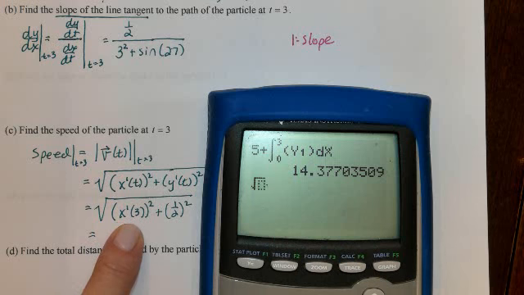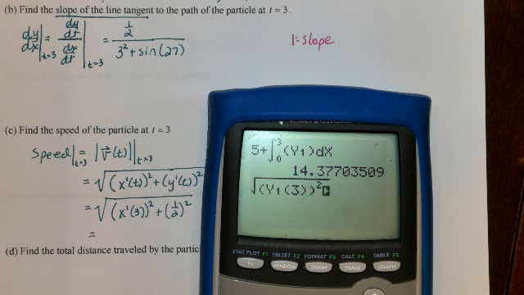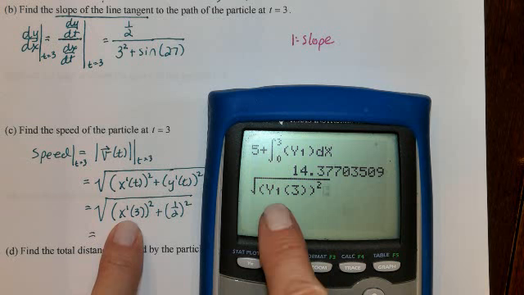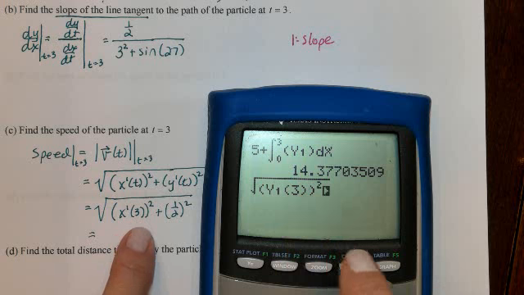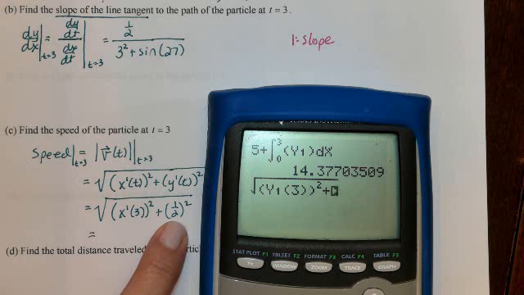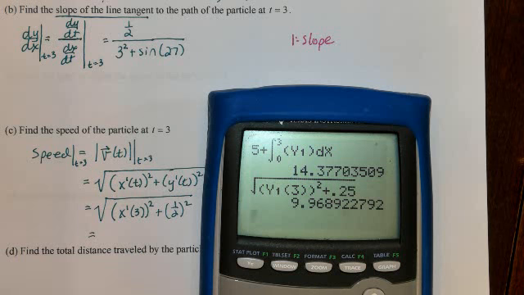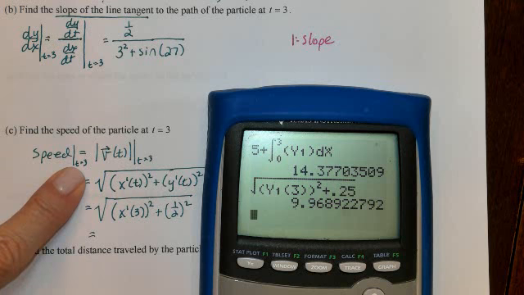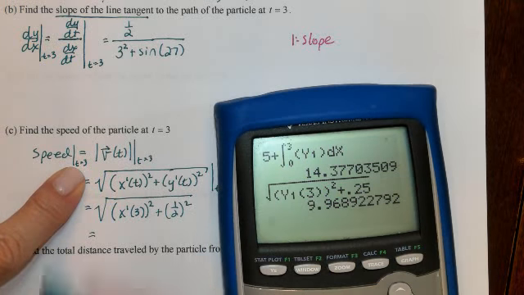So here I can put y1 of 3, and then I forgot to square it, so let me go back and insert a parentheses because I want to square that. So that's the x prime at 3 squared, plus 1/2 squared is 1/4, right? So that gives me the speed at time 3, 9.969.